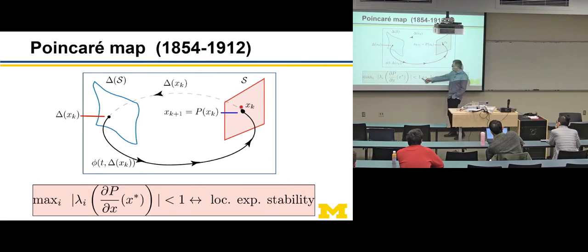If the eigenvalues are inside the unit circle, then you get local exponential stability. Okay. Well, that's hard to check because to calculate all these Jacobians, remember this model is maybe 40-dimensional. And so that's hard to check.